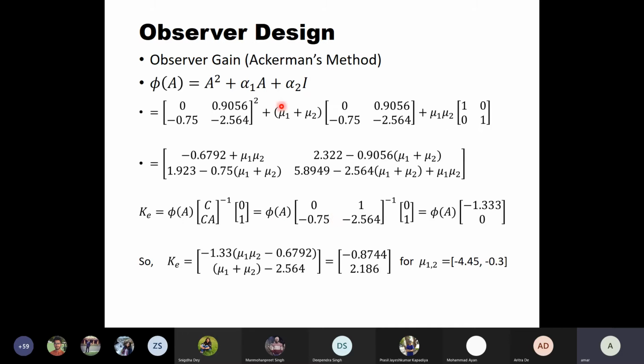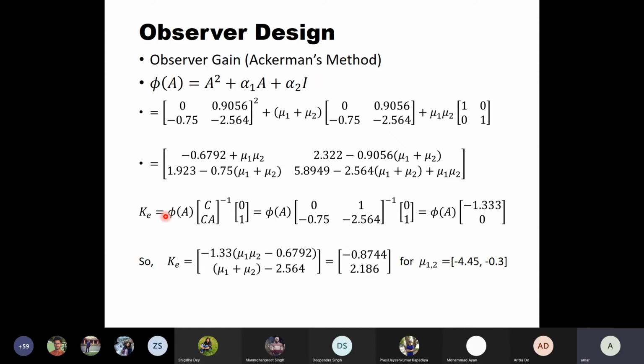In a similar fashion, I will get the observer gain for Ackermann's method. Phi A will be A squared plus alpha 1 A plus alpha 2 I. So I will get these expressions, and then phi A in terms of mu1 and mu2.